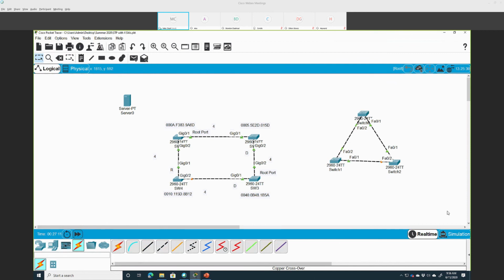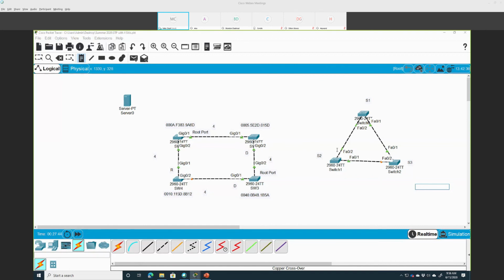What does it tell you? Who's the root bridge in this picture? Let's say this is S3, this is S1, this is S2. S1. So this is going to be the root port, and this is going to be the root port.